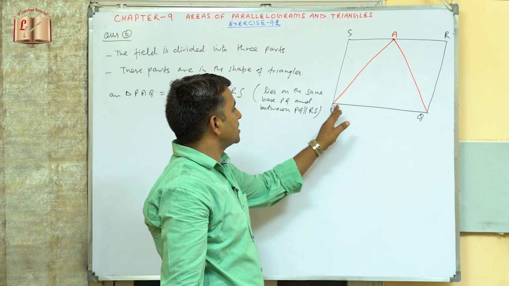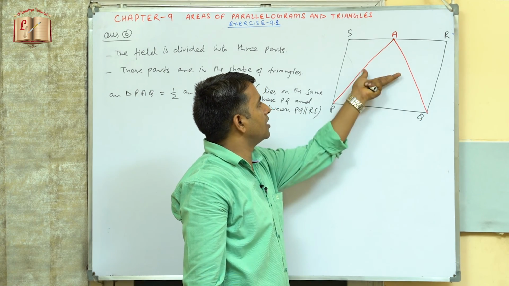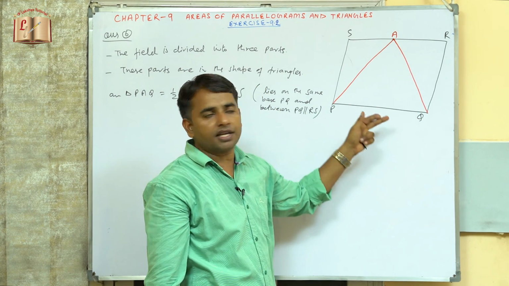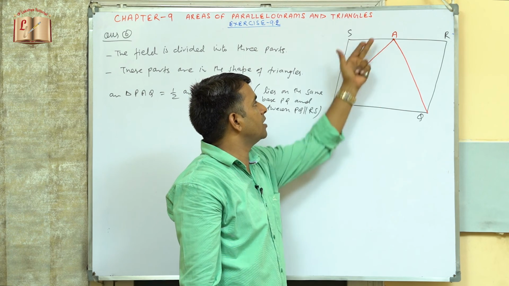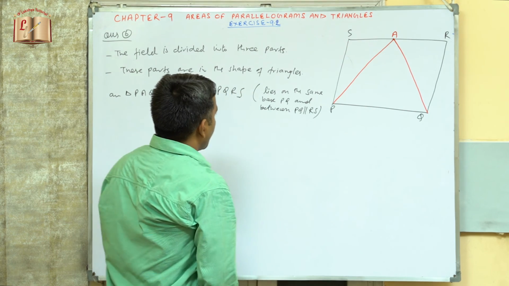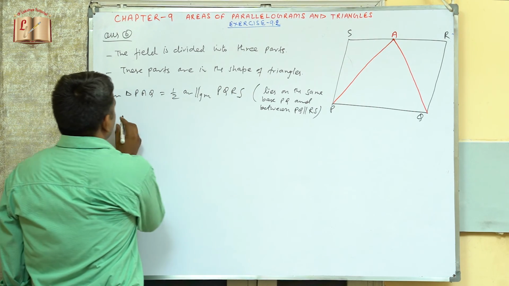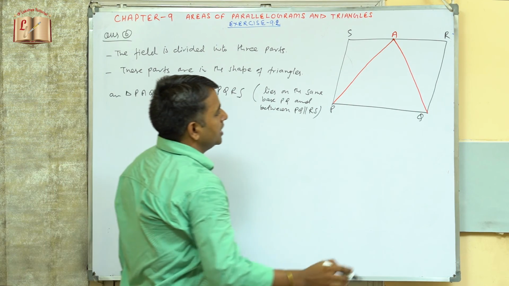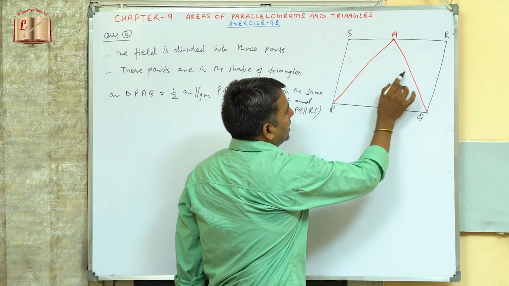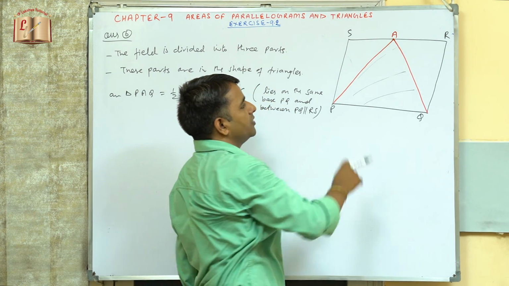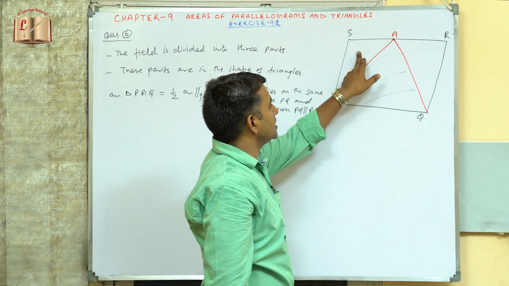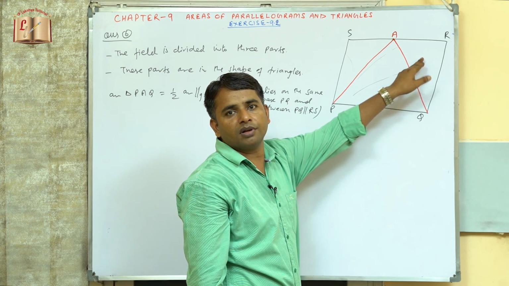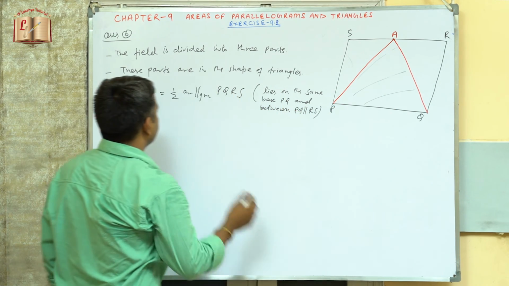So this is half. Now this area plus this area will be equal to the other half of PQRS.